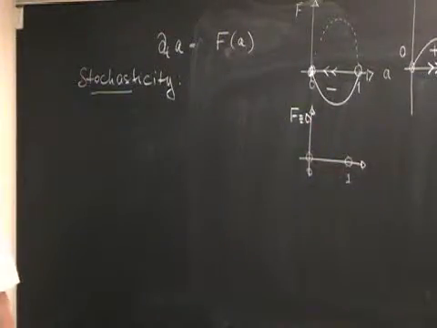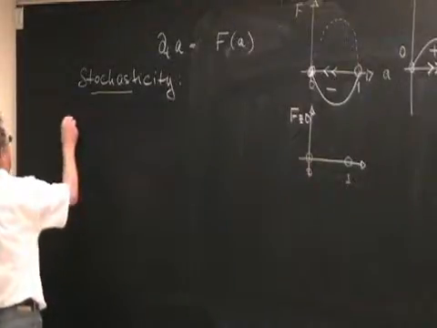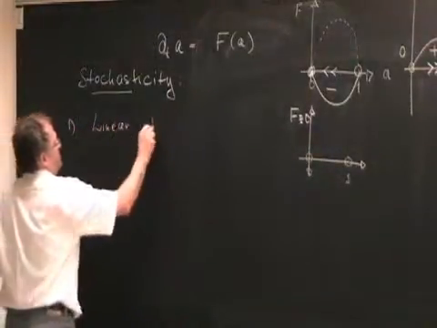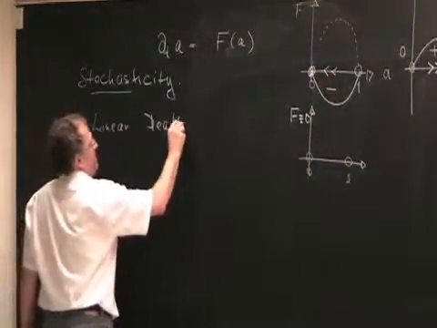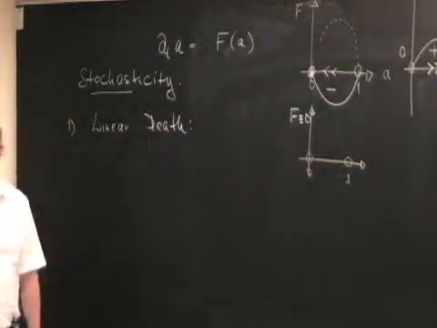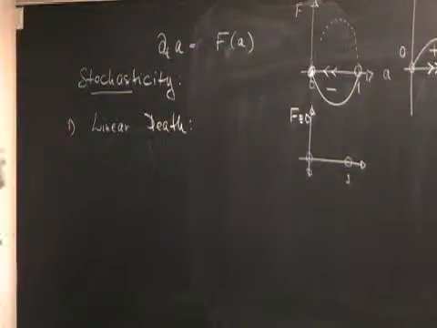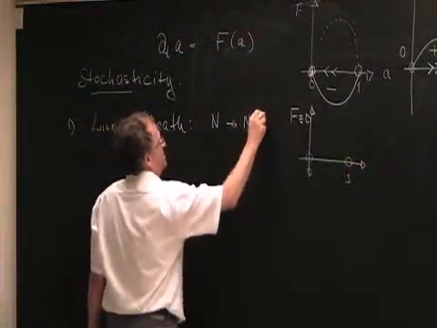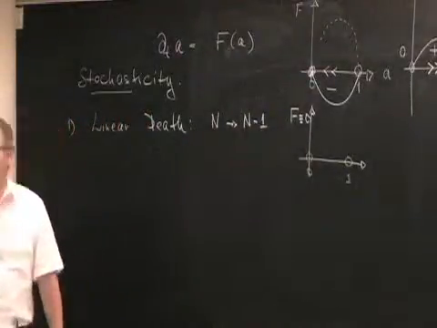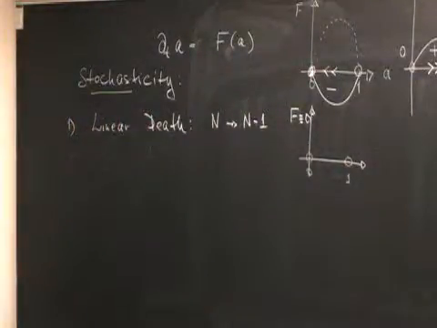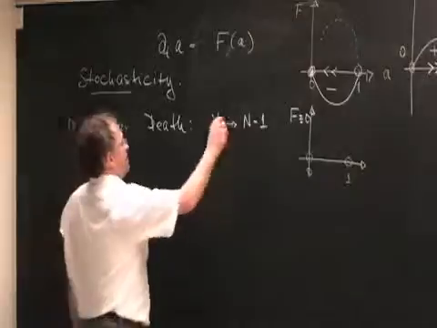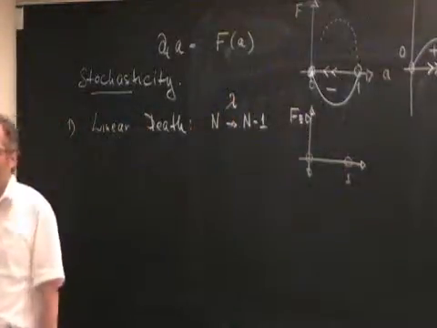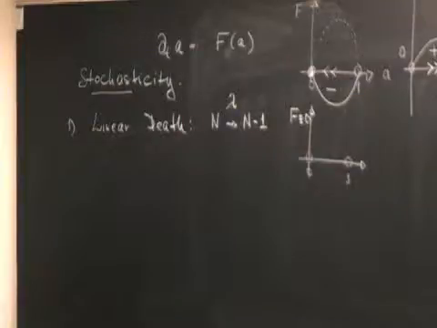So let's take as the simplest example just a linear death process. That means you have a population of size n, and at some random times you go over to a population with one individual less, and you do so with a certain rate lambda. I think you heard about this already in Sid Redner's talk.